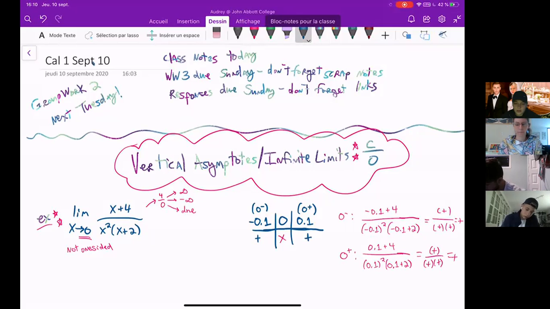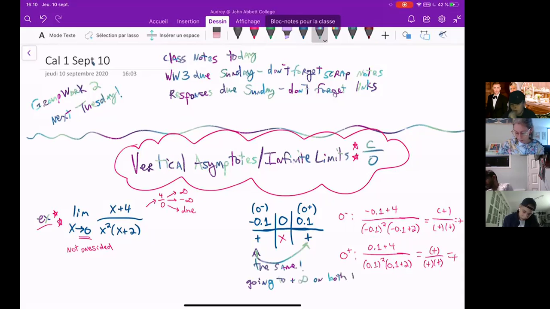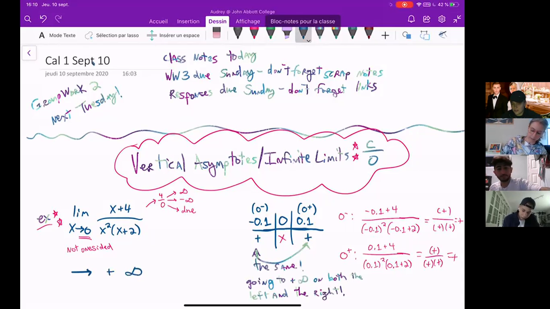That is a positive infinity. That is a positive infinity. These are both the same, which means it's going to positive infinity on both the left and the right, which means that my final answer is therefore positive infinity.